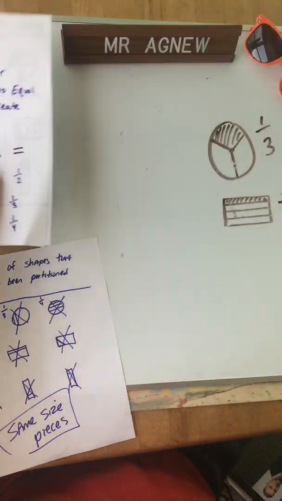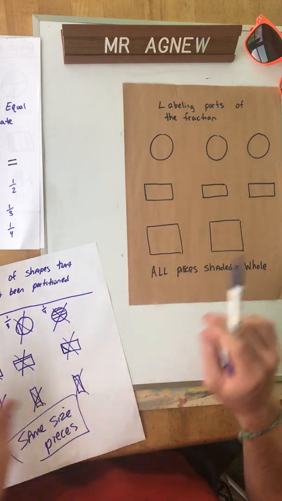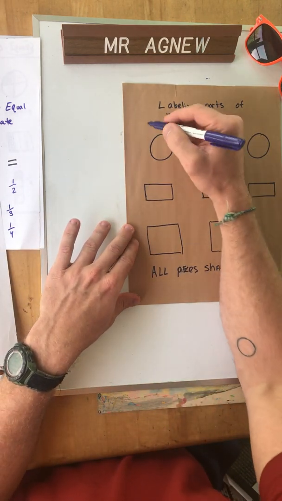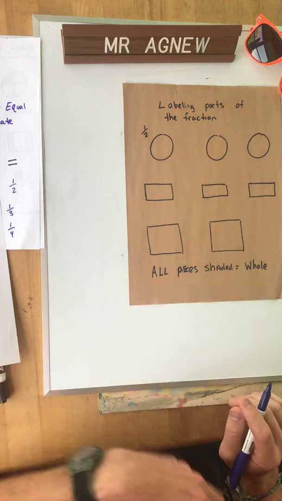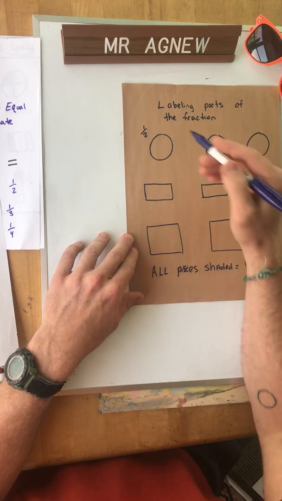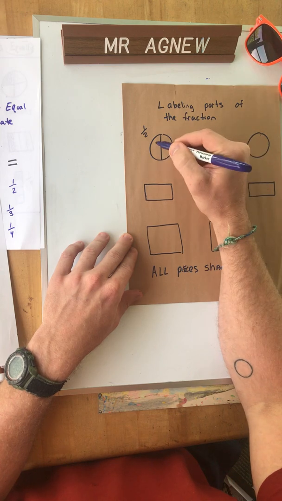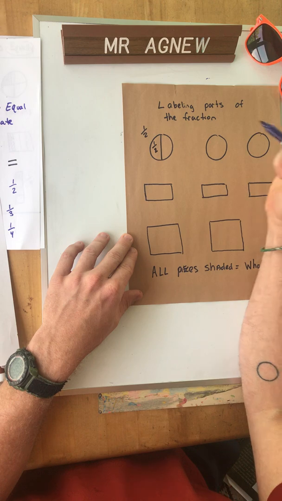All right. Now we're going to talk about labeling parts of the fraction. Because you won't just see them divided, you'll also see them labeled. So I'm going to label half. Let's divide it into half. This is 1/2.